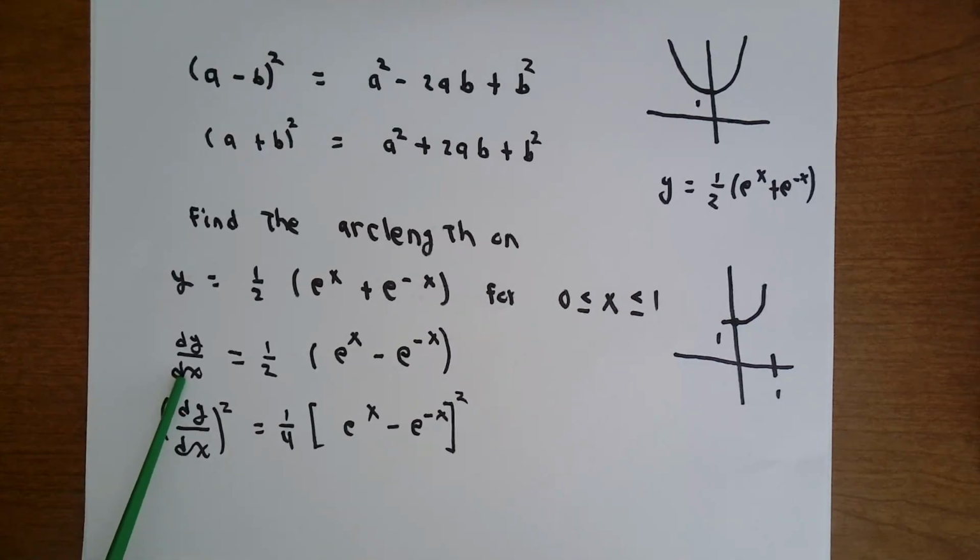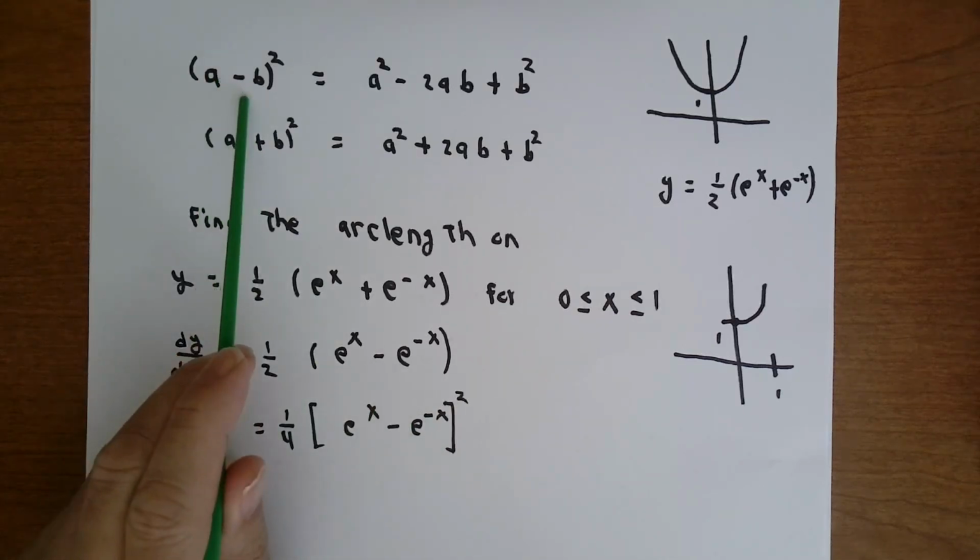The derivative of y with respect to x is 1/2 times e to the x minus e to the minus x. If I square that, I'll have two factors of 1/2, giving me the 1/4, and I'll have the square of e to the x minus e to the minus x.